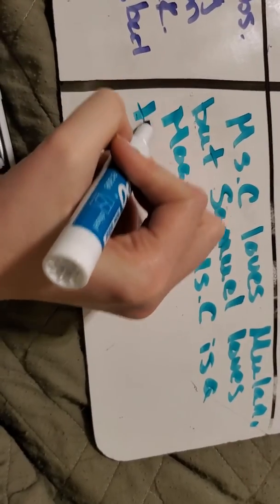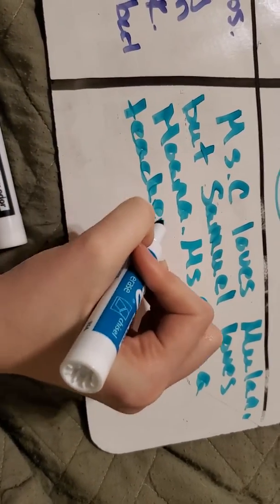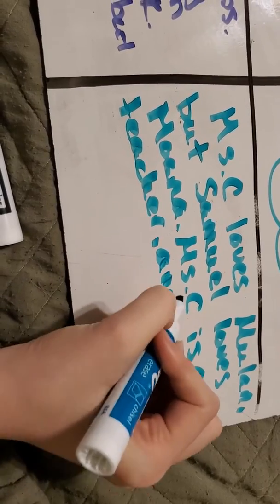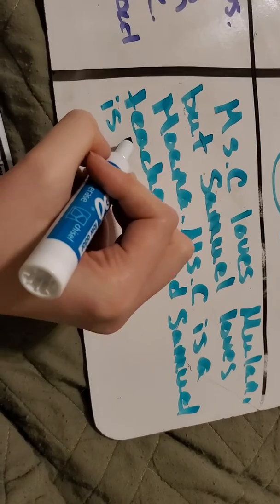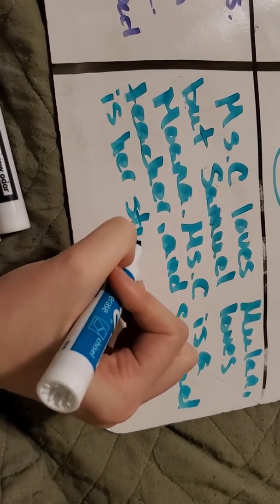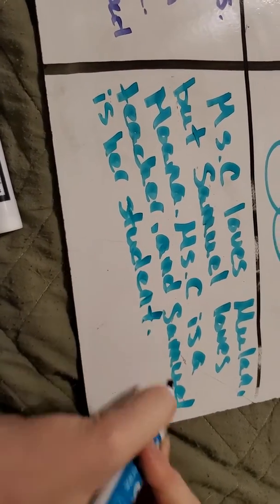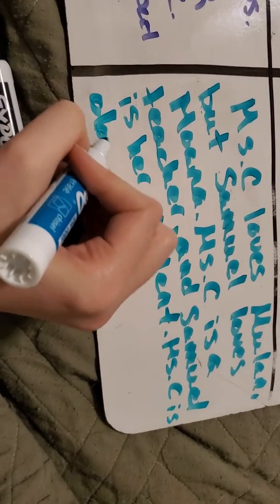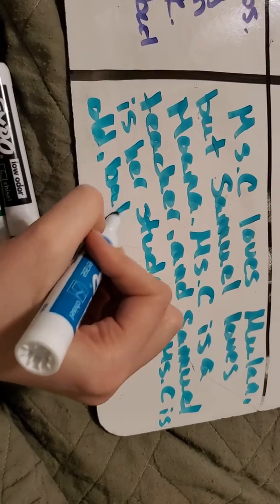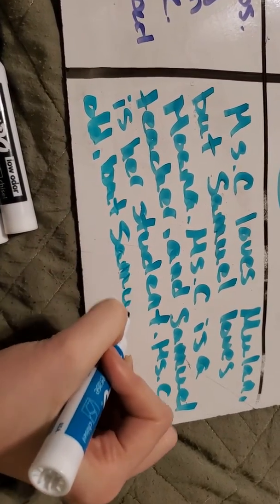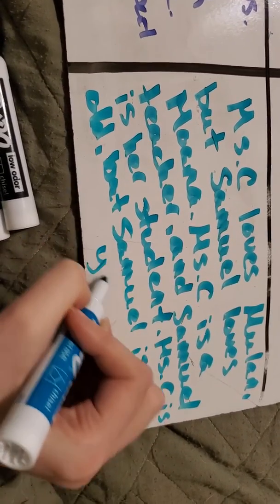Miss C is a teacher, and Samuel is her student. Miss C is old, but Samuel is young.